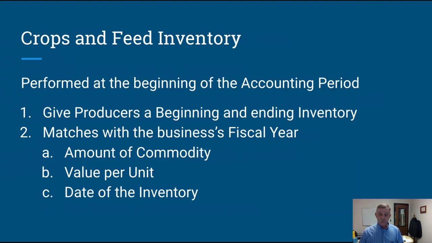The great thing about performing a beginning and ending inventory is that we just have to do it once, because the ending becomes the beginning and the beginning becomes the ending, if that makes sense. On a fiscal year from January to December, if we do it on the 28th of December, that is also going to be the same inventory we carry over for January 1st, unless something happens within those few days.